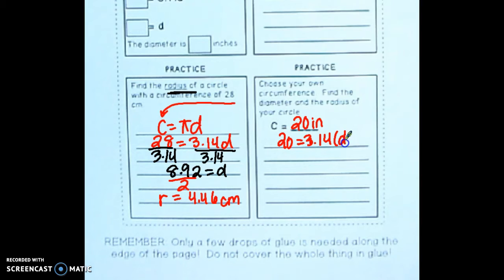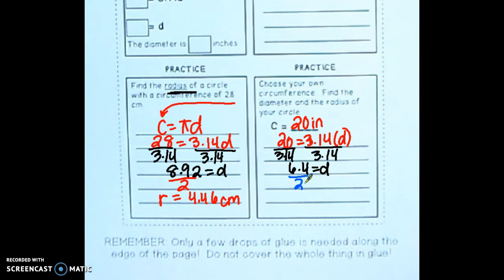3.14 times the diameter. So I'm going to divide 20 by 3.14. And that gives me 6.4. I'm rounding to the nearest tenth. So that's my diameter. And now I divide by 2.